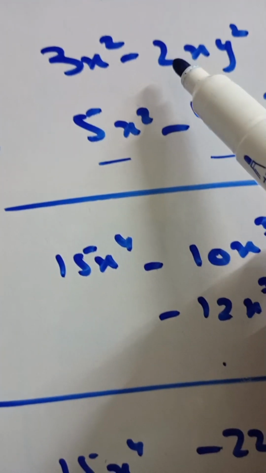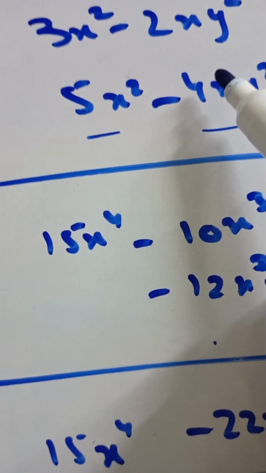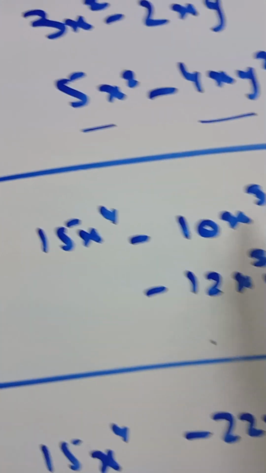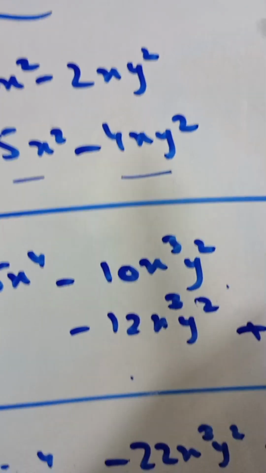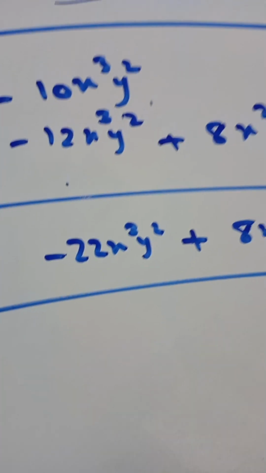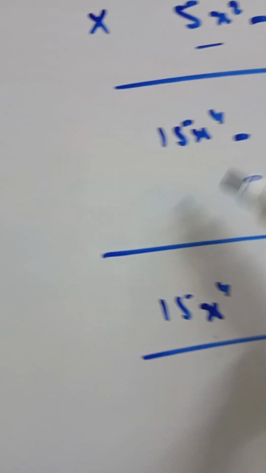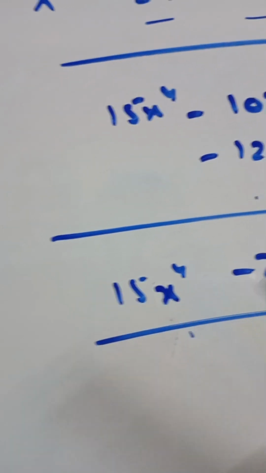Next, minus minus plus 4 2s are 8, x raised to power 1 plus 1, 2, and y raised to power 2 plus 2 becomes y4. So now add it. 8x square y4 will remain same. As you know, 15x raised to power 4 will remain same.